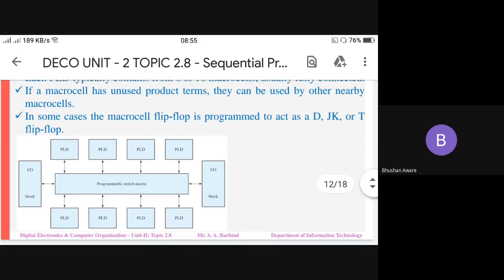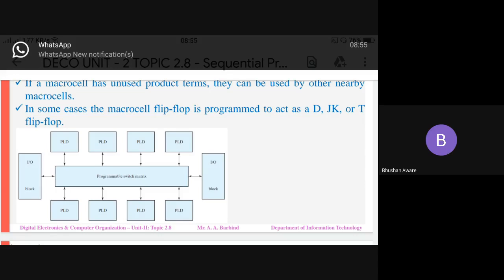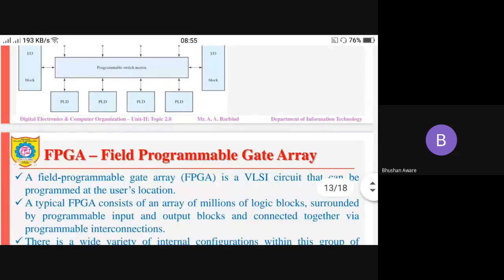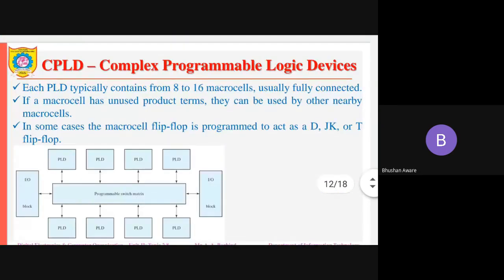So the flip-flops in the microcells can act either as a D flip-flop, or a JK flip-flop, or a T flip-flop. Depending on what functionality is required, you can make those flip-flops act appropriately. Okay, so those are the features of the CPLD.